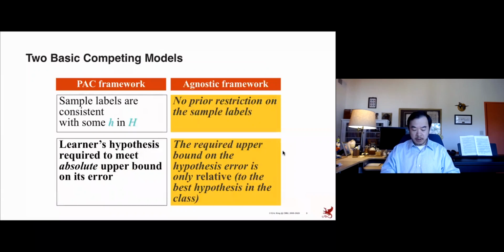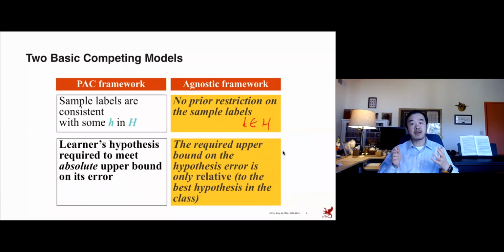If you are going to make more errors, it has to be coming from other sources. So we're going to find the absolute upper bound of this error. It is absolute because the training error is 0. The other framework is known as the agnostic framework. Here, things become a little bit more complicated. You have no prior restriction on the sample labels. Basically, you can label the samples in any arbitrary way. It could even be wrong labels, okay? But the result is that your hypothesis space H may not contain a little h that perfectly labels the training examples.